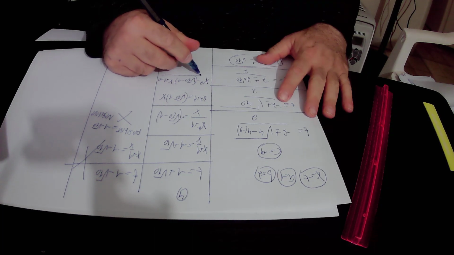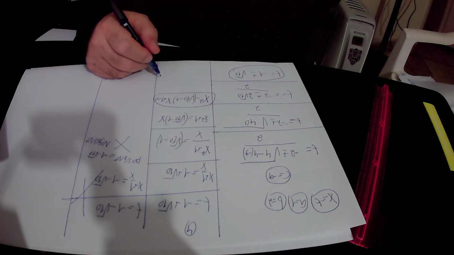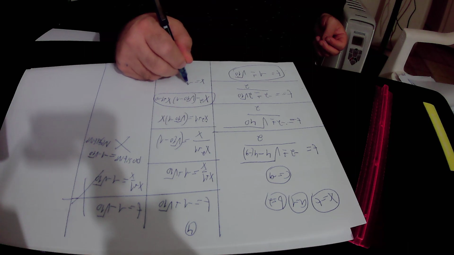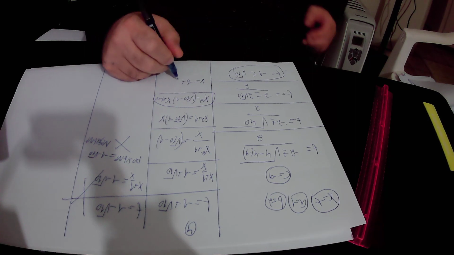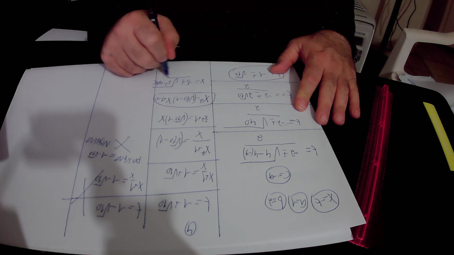Okay, and the solution to the quadratic equation is x equals minus b plus minus the square root of b squared minus 4 times a times c, over 2a.